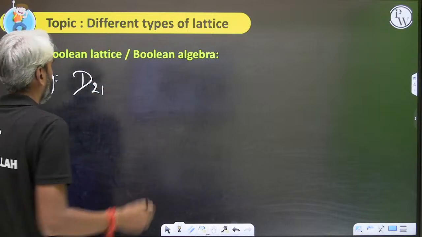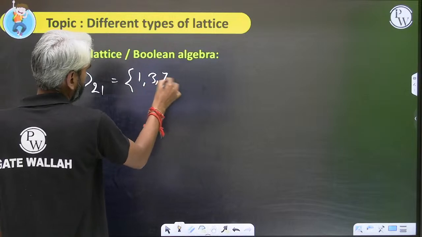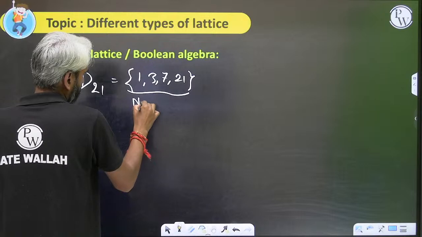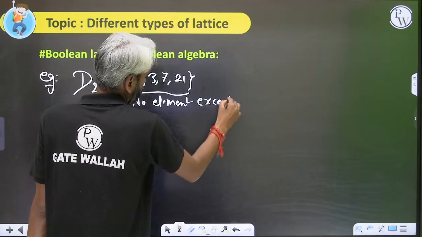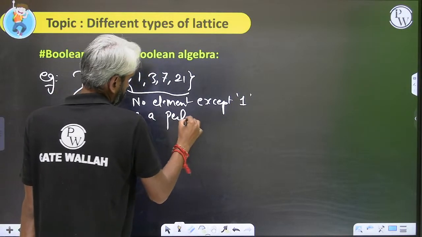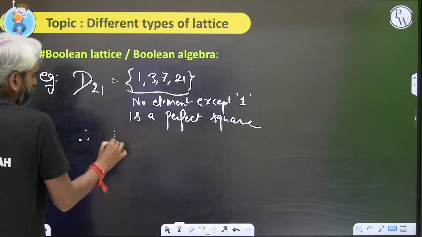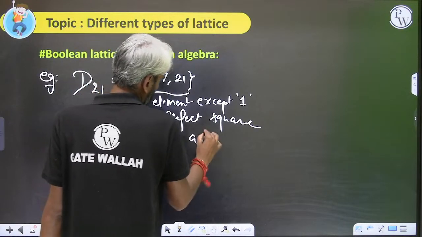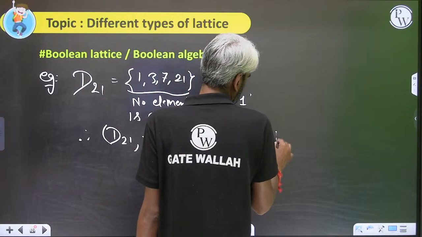If I take D21, so what is D21? D21 is 1, 3, 7, 21. No element except 1 is a perfect square. Therefore, D21 with respect to divides is a Boolean algebra.